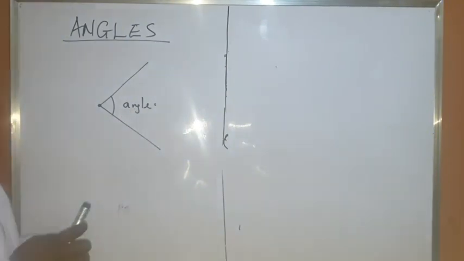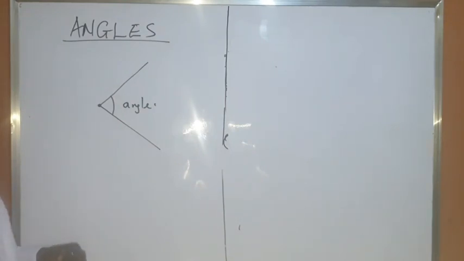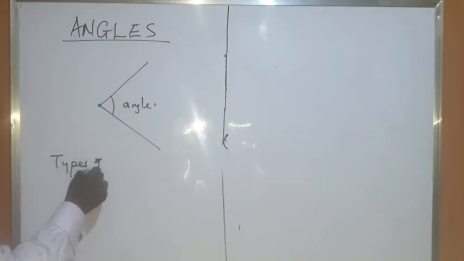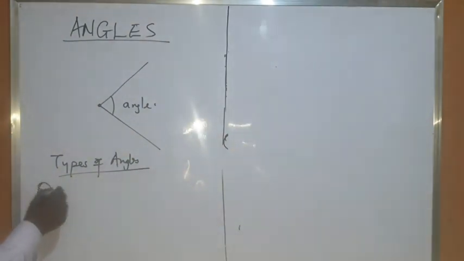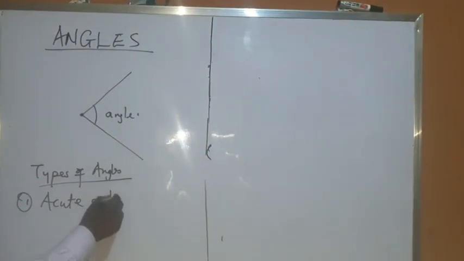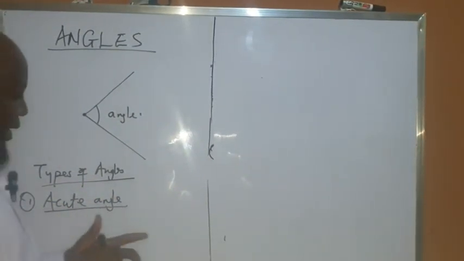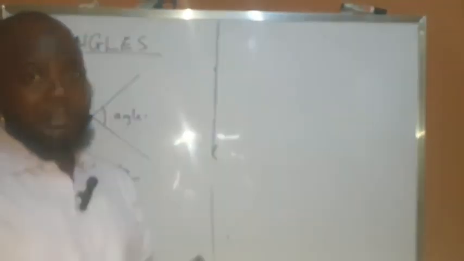All right. Before we move on, we need to look at types of angles. We have different types of angles. The first one is the acute angle. An acute angle is an angle that is less than 90 degrees.